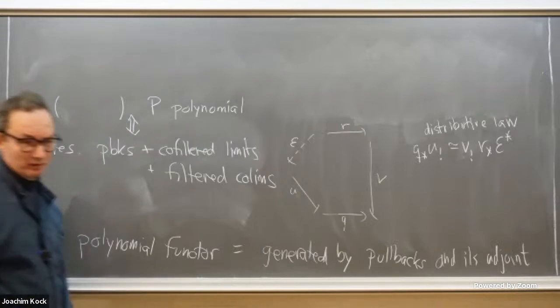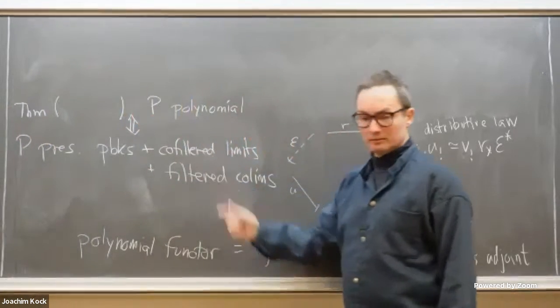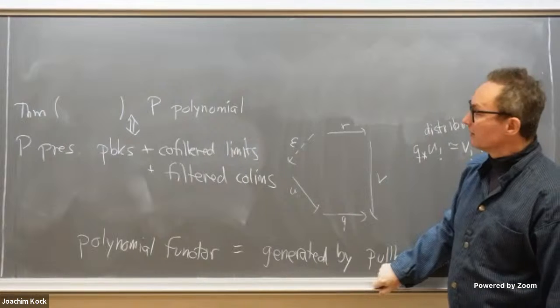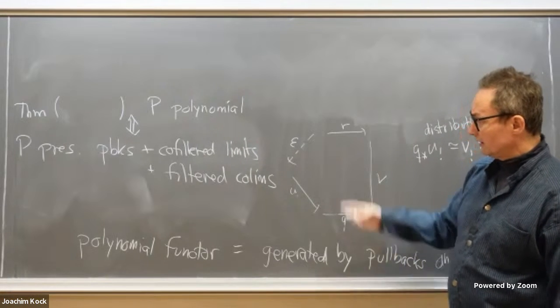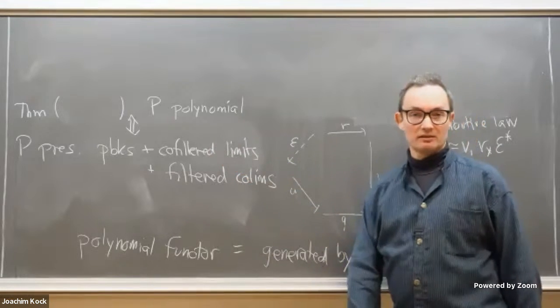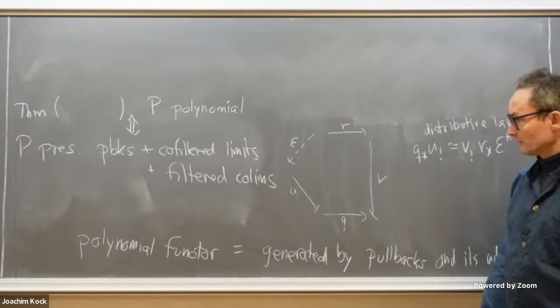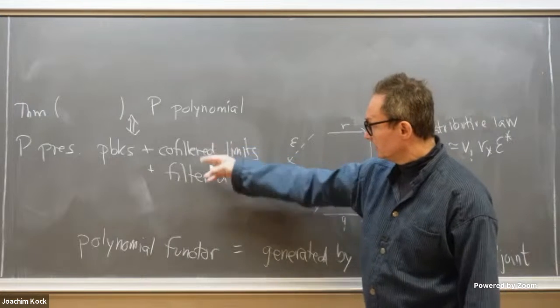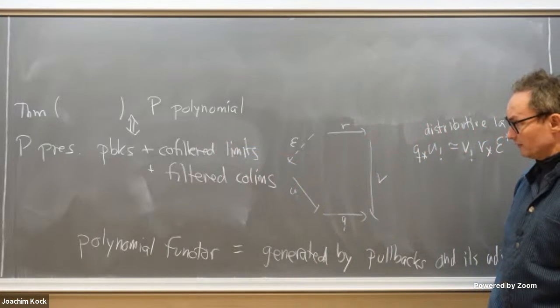So right now it's not important exactly what these mean and the significance of it. The important thing here is just that there is this intrinsic characterization of polynomial functors. But we will come back to this kind of theorem.